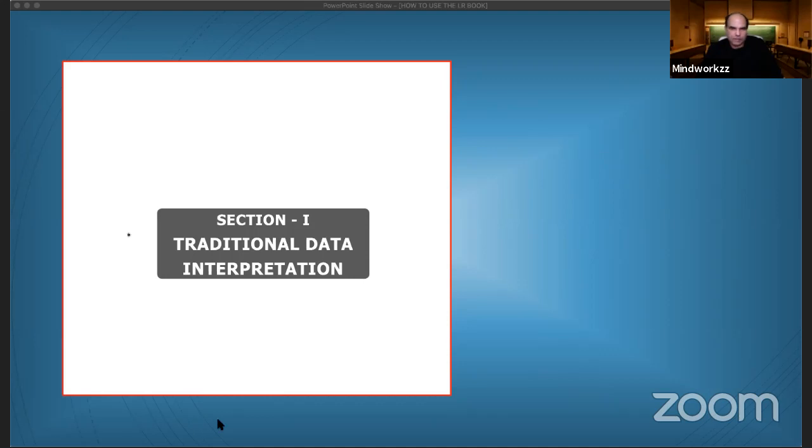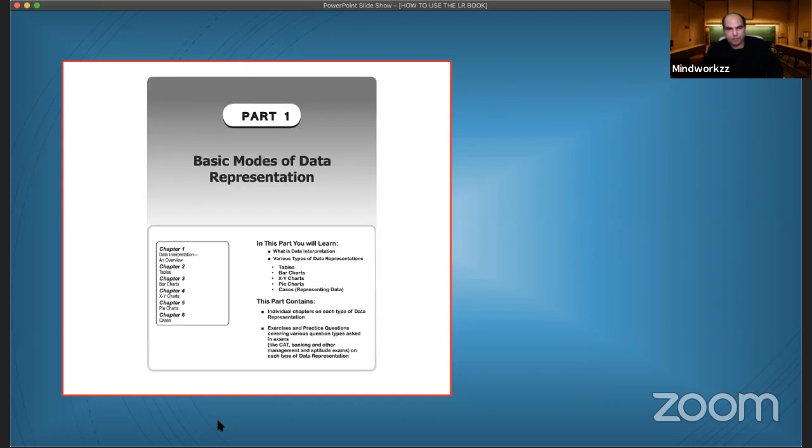So section 1, if you look at my book, starts from part 1 of section 1, and this is just a primer. Even for somebody going for a long term prep process, the basic modes of data representation, what a pie chart is, this is just warm up.